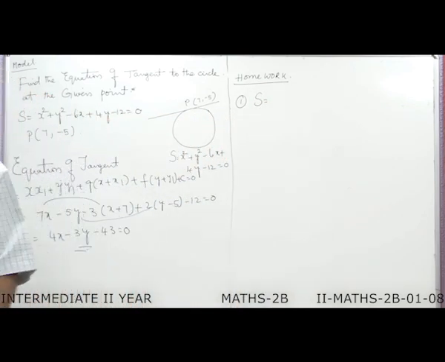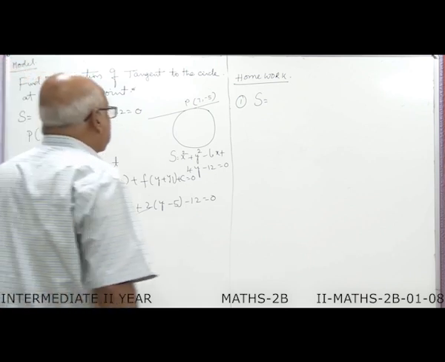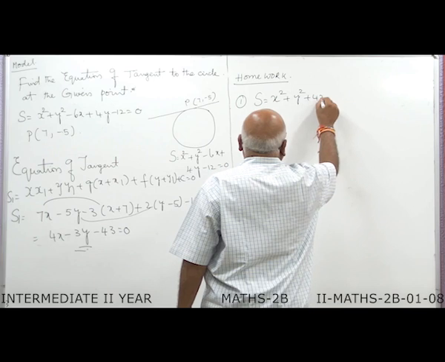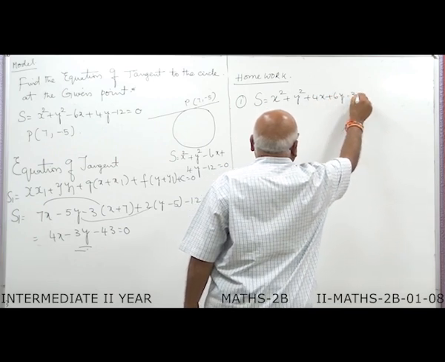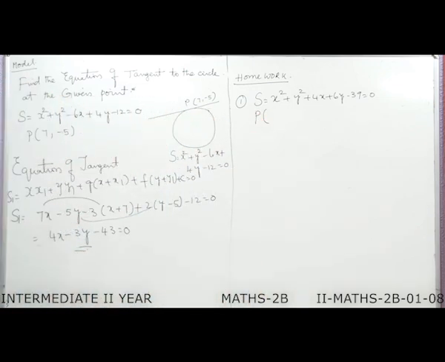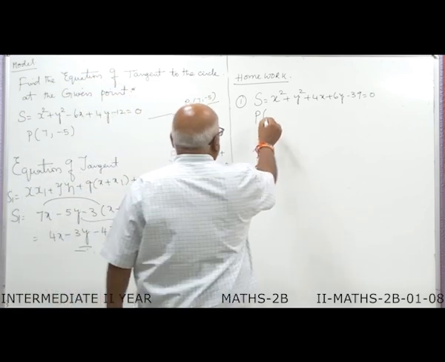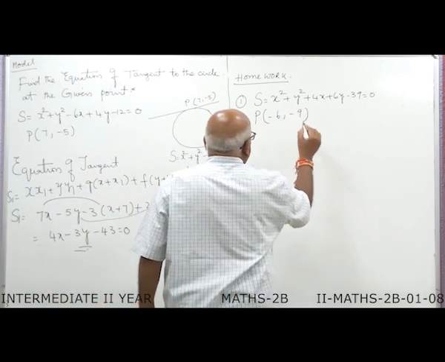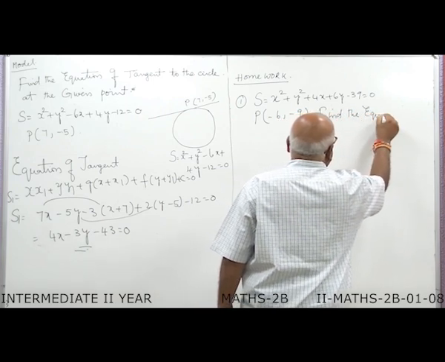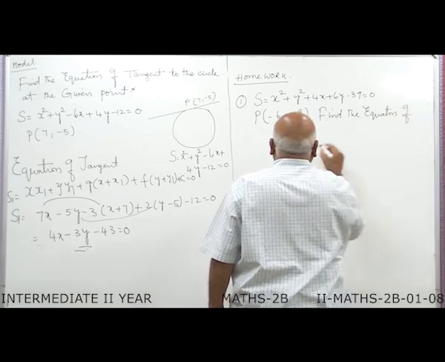I'll write down here: x square plus y square plus 4x plus 6y minus 39 equal to 0, and the point coordinates are minus 6, minus 9. Find the equation of tangent.